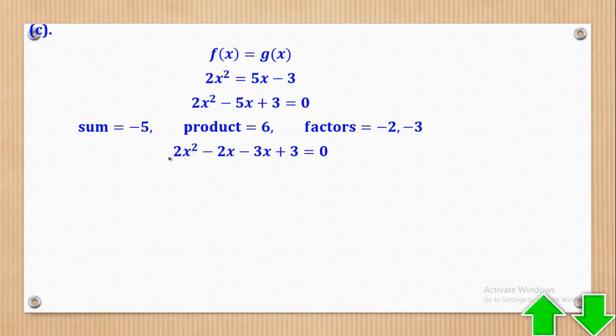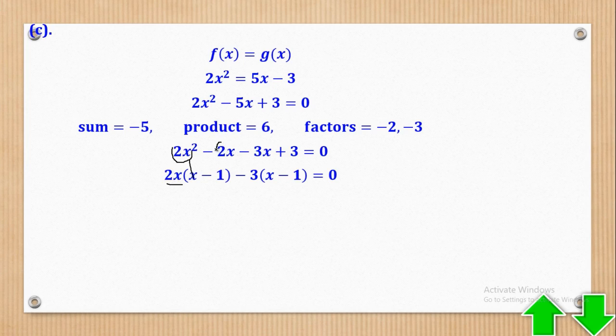After that we shall group this alone and this alone. So for this alone, the common factor is 2x, that's why you put it outside. When you put this 2x outside, we shall remain with x, because 2x squared divided by 2x, you get x alone.